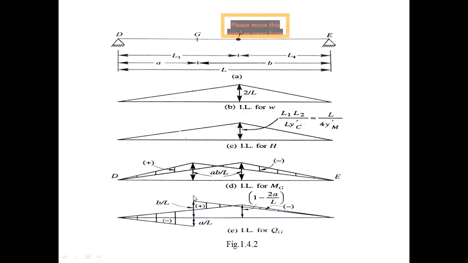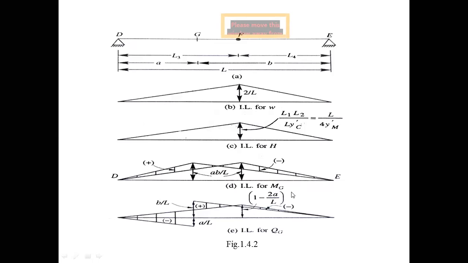Now, combining the influence lines for MBG and W, here there are two components, MBG. What is MBG? Bending moment corresponding to a simply supported beam at a particular point G. That one, and also the influence line for small w. So combining them will give the influence line for MG.